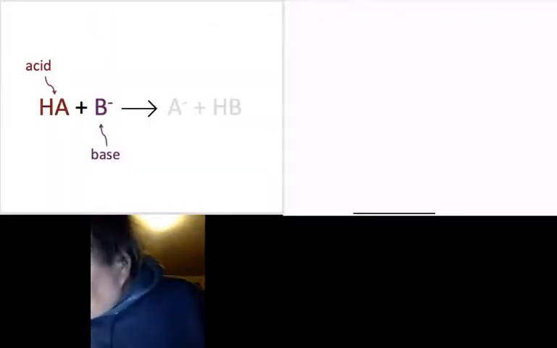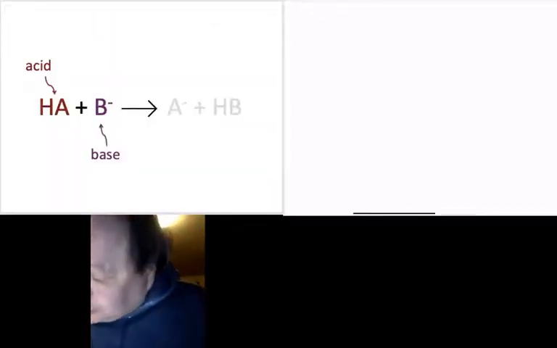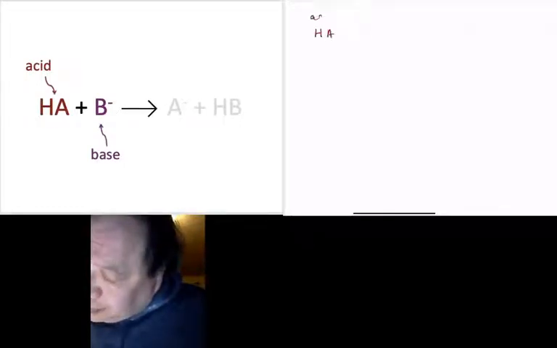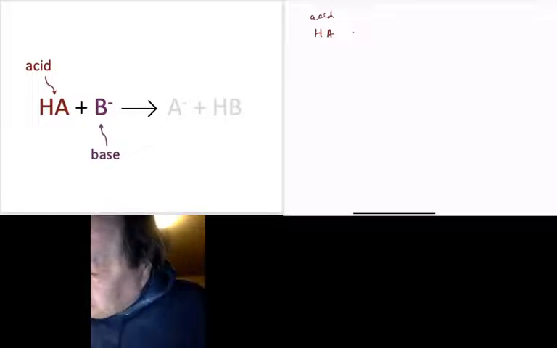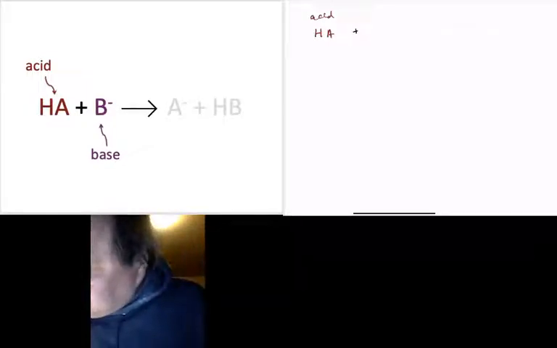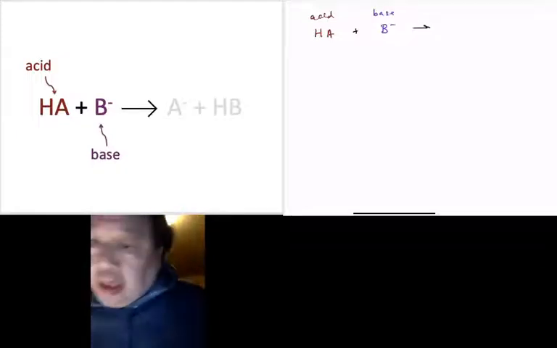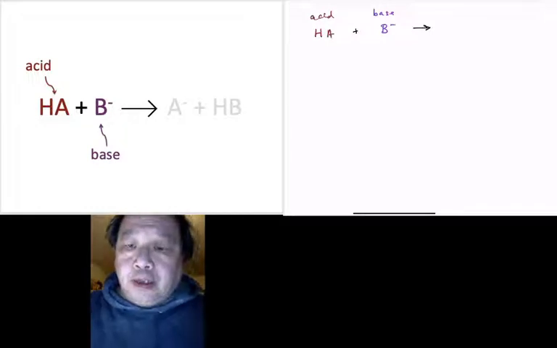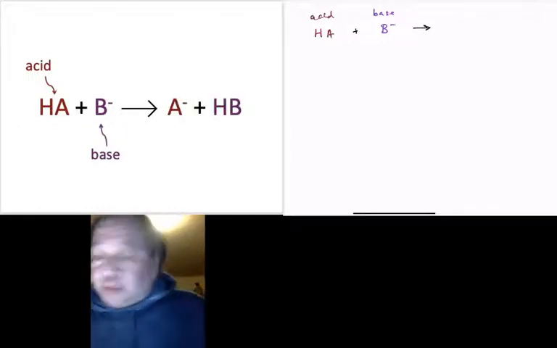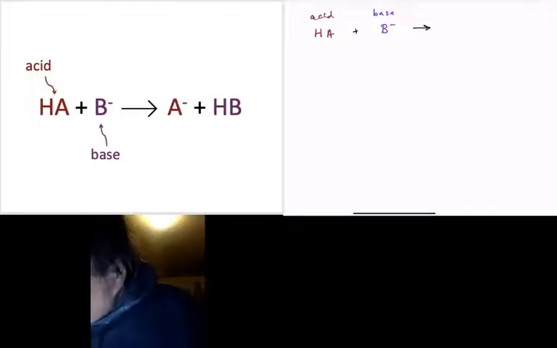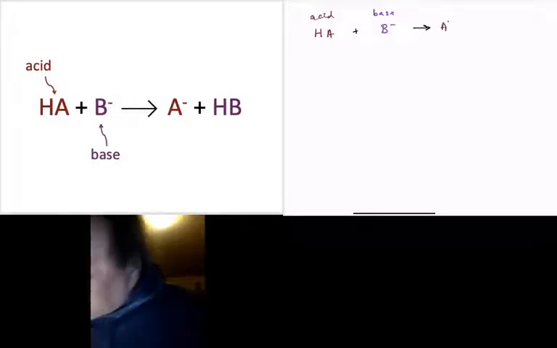So if you have an acid and it reacts with a base, they're going to react, and what's going to happen is the acid will lose a proton, become A minus.